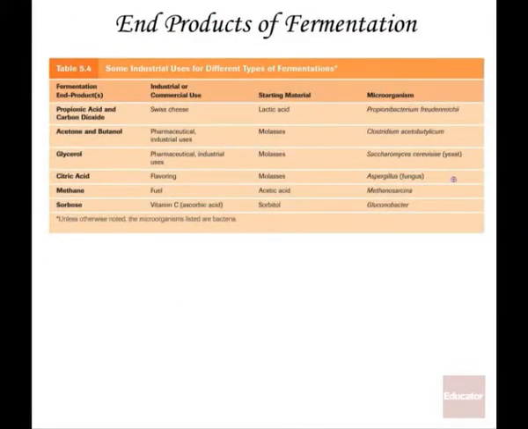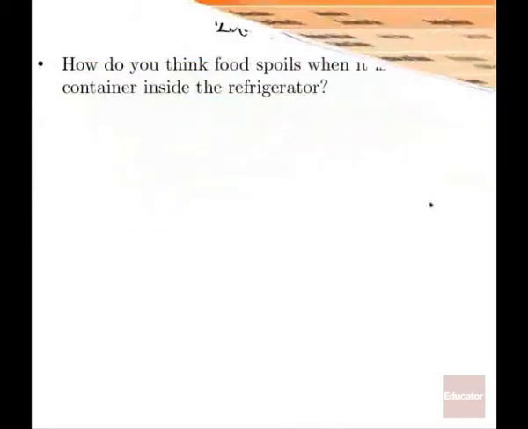And we have other industrial products that occur with yeast and other sorts of fungi and also bacteria. And these are important industrial chemicals that are produced through utilization of these microorganisms, relying exclusively on anaerobic respiration.